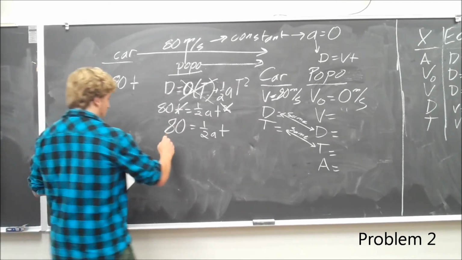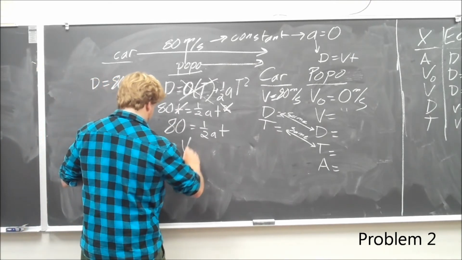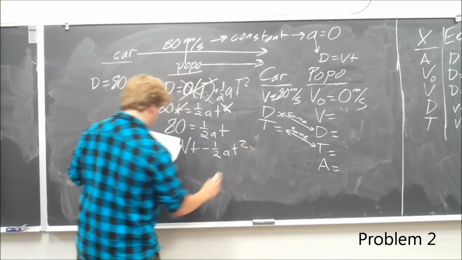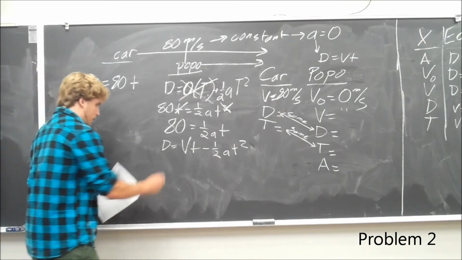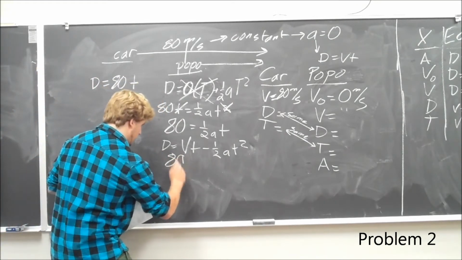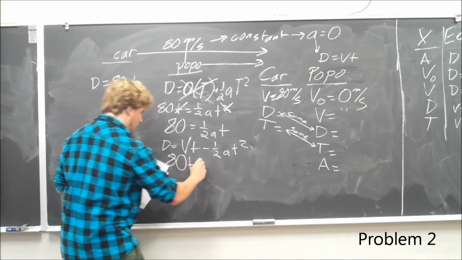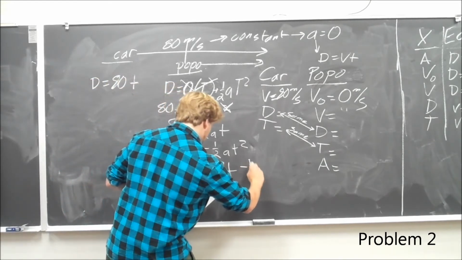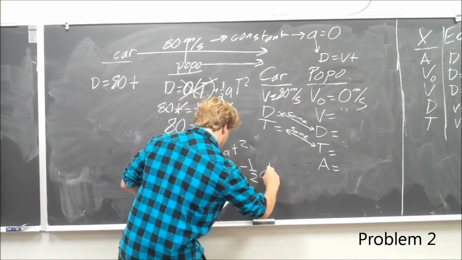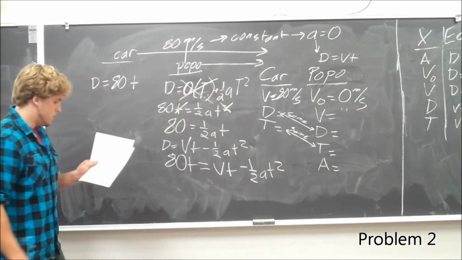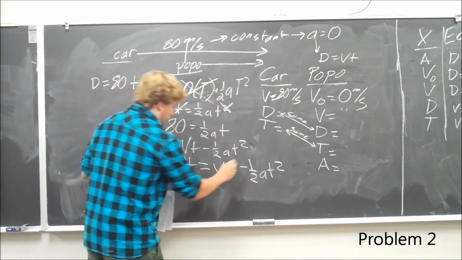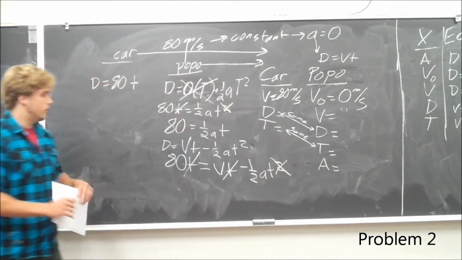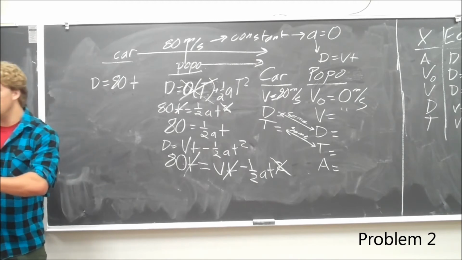All right? d is equal to... Then we have 80t is equal to vt minus 1/2 at squared. Cancel this out, cancel this out, cancel that out. Just divide the whole thing by one of the t's.